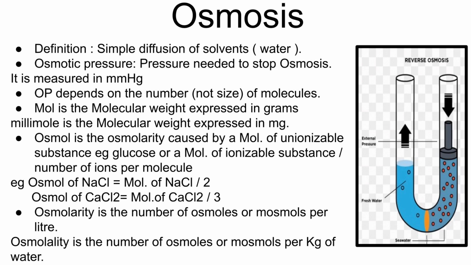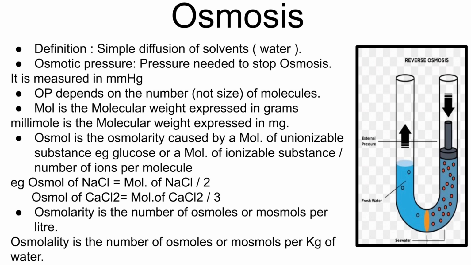Sixthly, osmolarity and osmolality. Osmolarity is the number of osmoles or milliosmoles per liter of water. For easy memorization, the R in osmolarity fits in with the R in liter. Osmolality is the number of osmoles or milliosmoles per kilo of water.